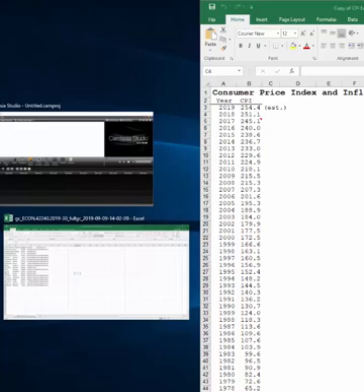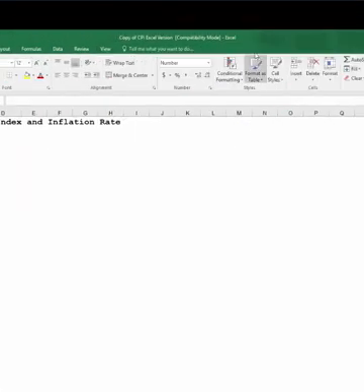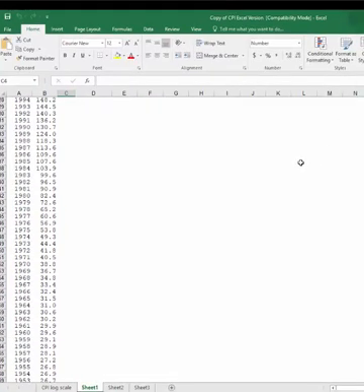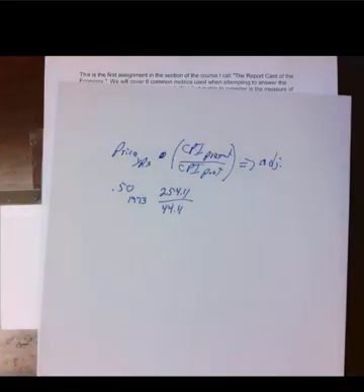So that's the CPI for 2019, at least an estimate of it. And then we need the CPI for 1973, which was 44.4. Alright, so let me get this out of the way, and now we can figure this out.